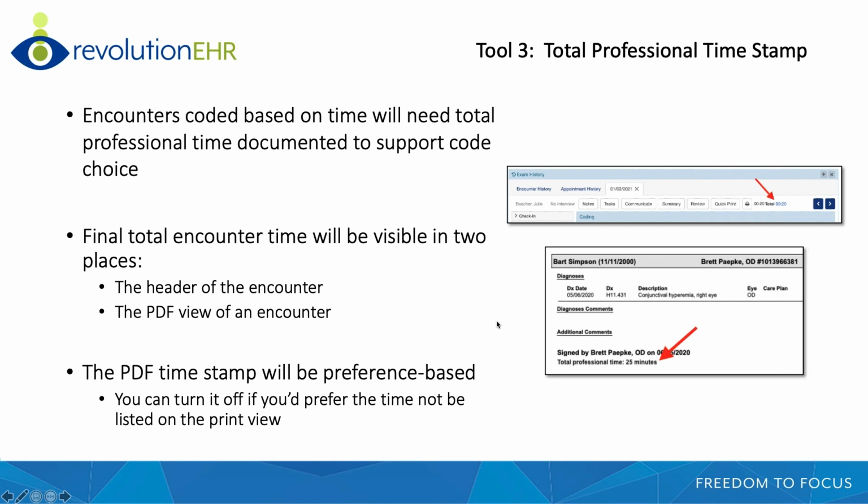Finally, a total professional timestamp. We talked about audits, or I very briefly referenced them earlier. The idea here is that audits of the future are going to look a whole lot different because in the present day, if anybody's gone through one, you know that a third party sends you a letter or an email, however it may work, and they say, I'd like to see these 10 records. Please send them, please print them out and send them to us, fax them to us, or securely upload them to this portal.